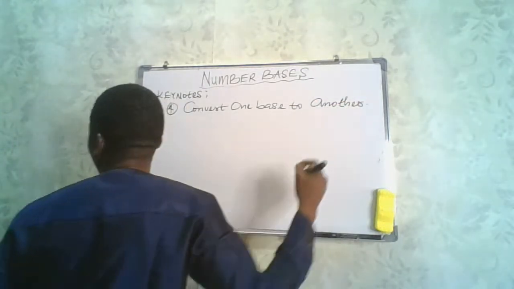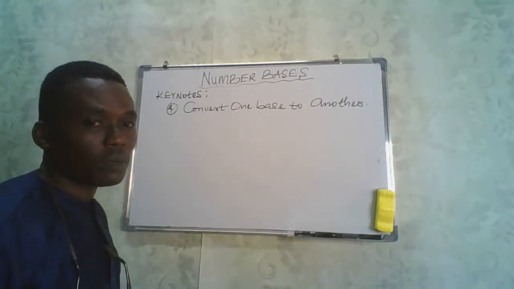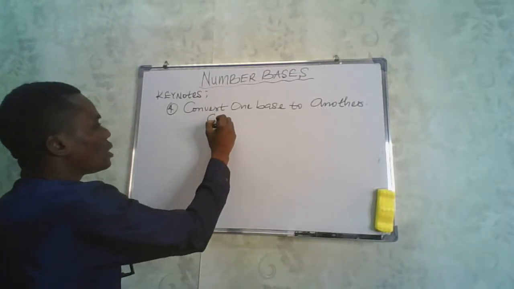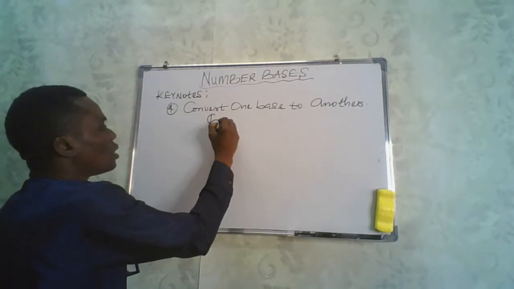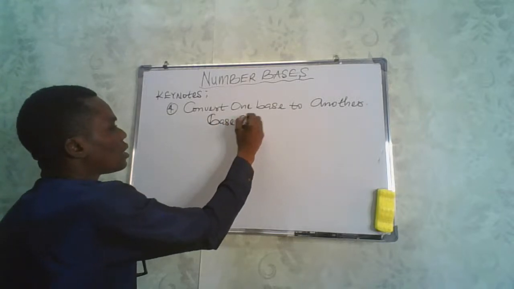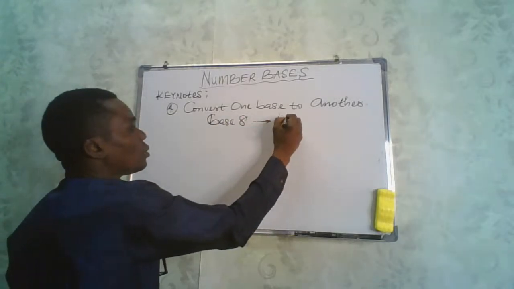Now, when we convert from one base to another, what does it mean? You can be given something in base 8, and you'll be asked to convert it to base what?